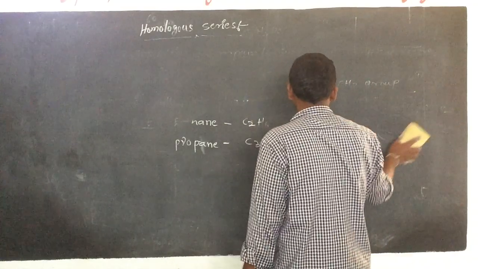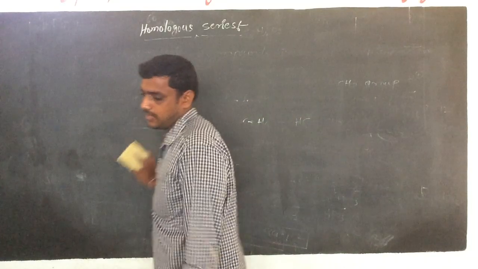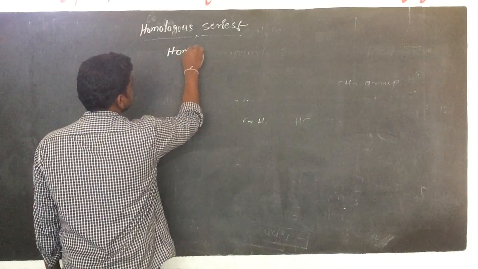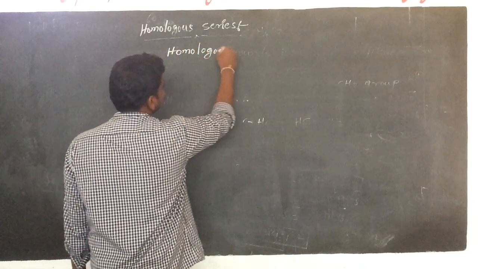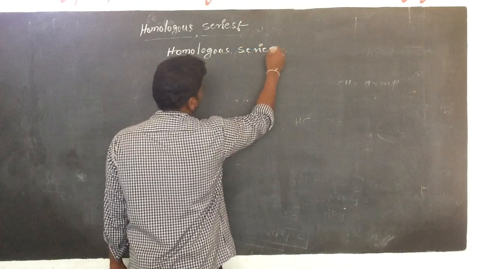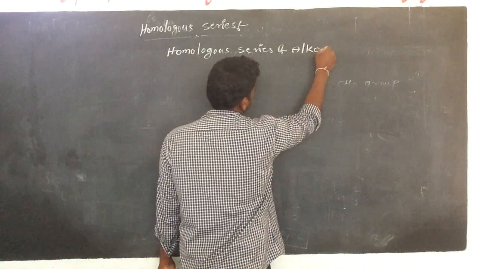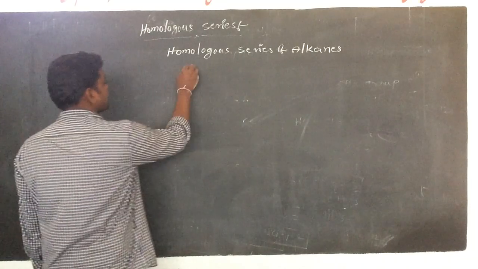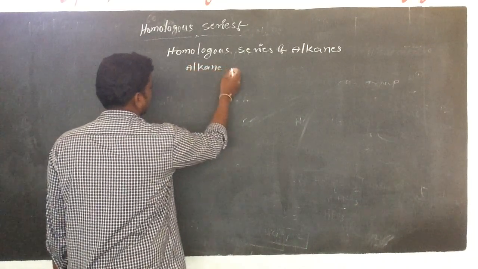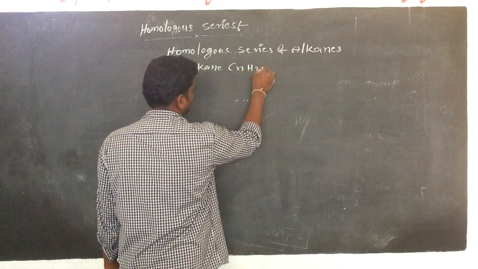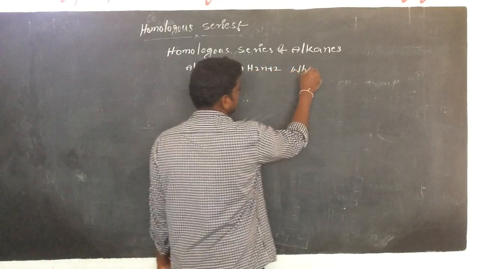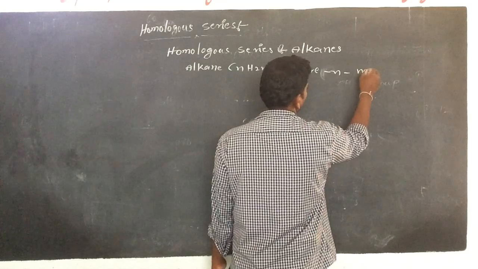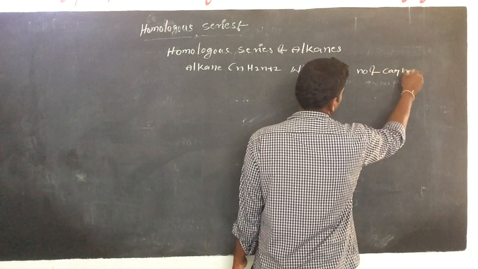CnH2n+2. That is the general formula of alkanes, where n is the number of carbon atoms.